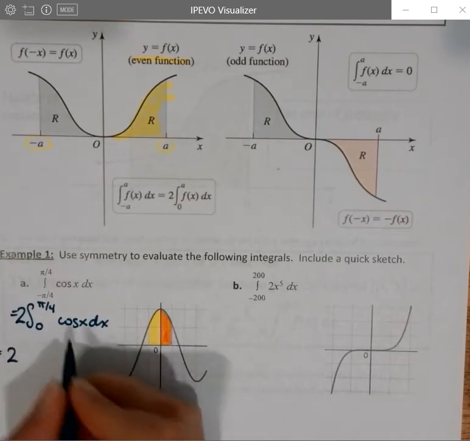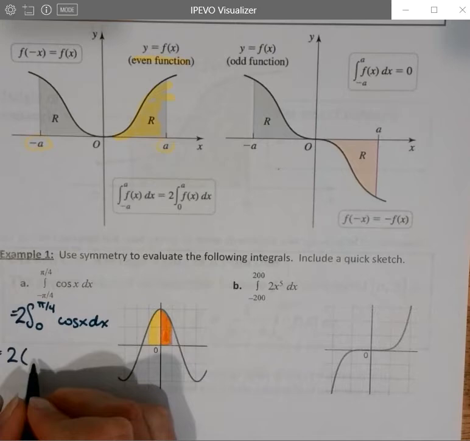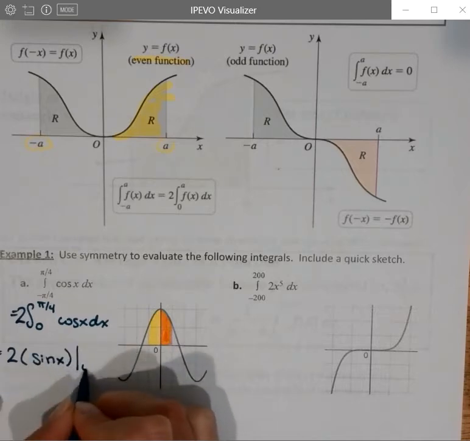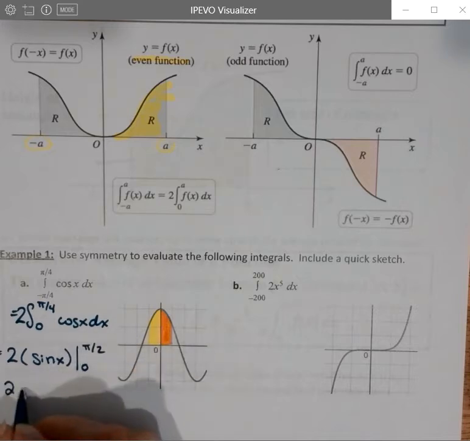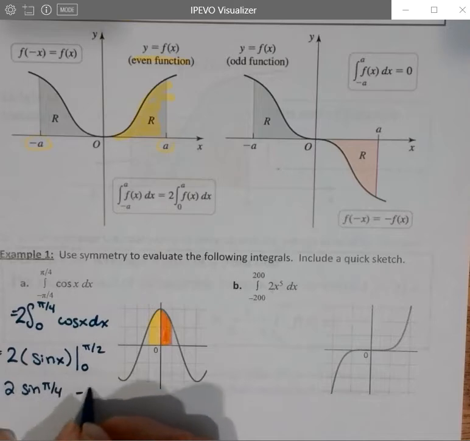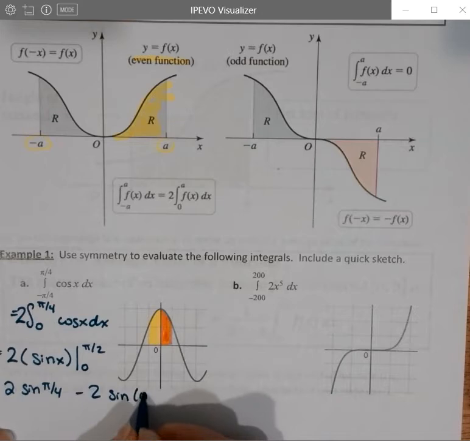So we've got 2 times the integral of cosine, which is sine of x, and now we're bounding it between 0 and pi fourths. So that's 2 times the sine of pi fourths minus 2 times the sine of 0.